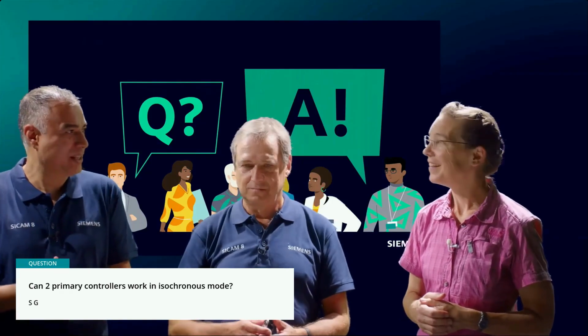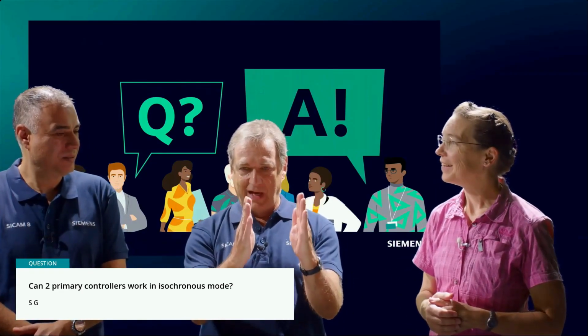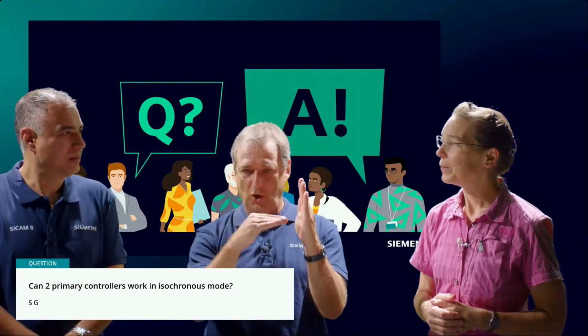SG asked, can two primary controllers work in asynchronous mode? The answer is no. It's not recommended, and we can have a swing. The problem is, imagine if each controller would like to try to keep the frequency at, for instance, in Europe, 50 hertz.